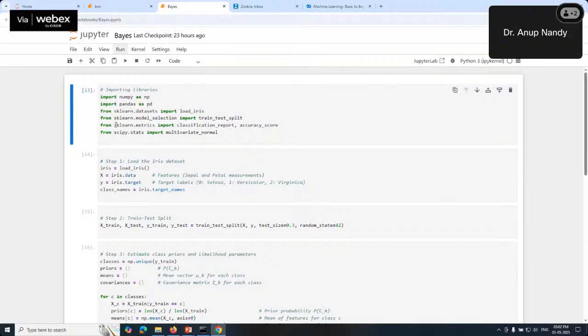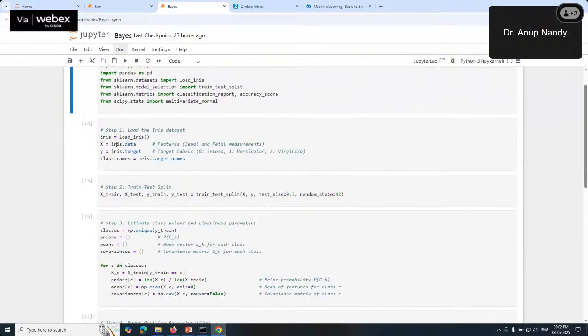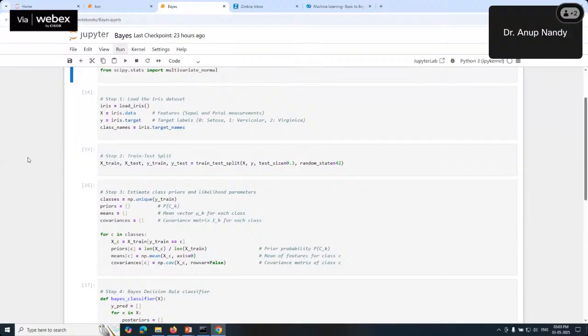For these things, we have to use from sklearn.metrics import classification_report and accuracy_score. And here we are also going to write from scipy.stats import multivariate_normal. We need to import different libraries, and in order to import them, you need to use this standard syntax.